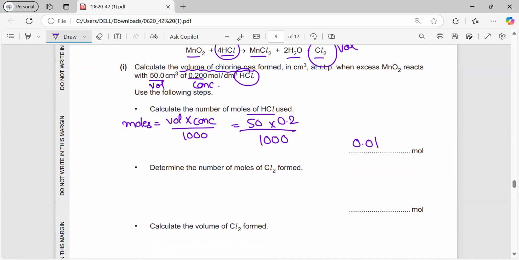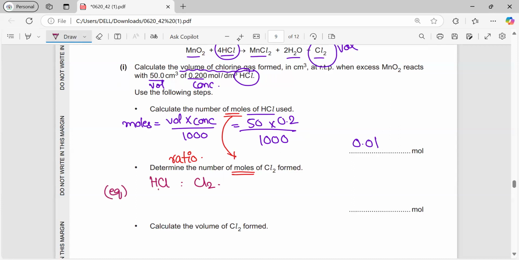Now determine the number of moles of chlorine formed. If we have the moles of one substance and we want to find the moles of the other substance, then we will always take the ratio between them. So we'll take the ratio between HCl and chlorine, number of moles. First, we'll see their ratio from the equation.